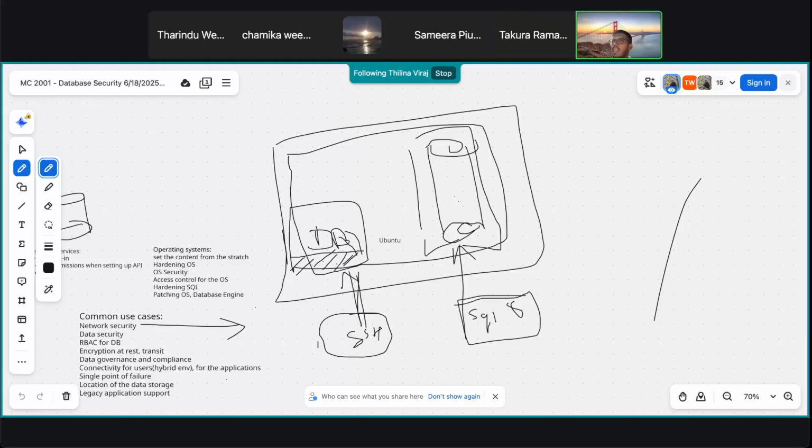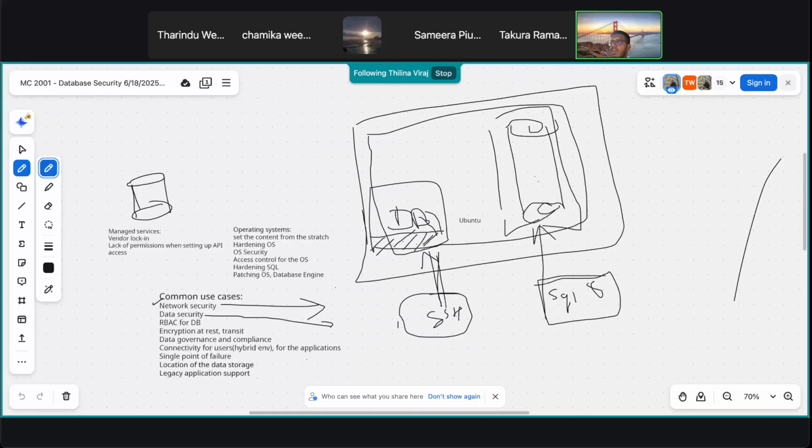So what about the data security now? The second topic. So the network security we are done. Data security. You guys have mentioned this, right? What do you mean by this data security? Data at rest and in transit, data encryption. That will be a subset of this, right?